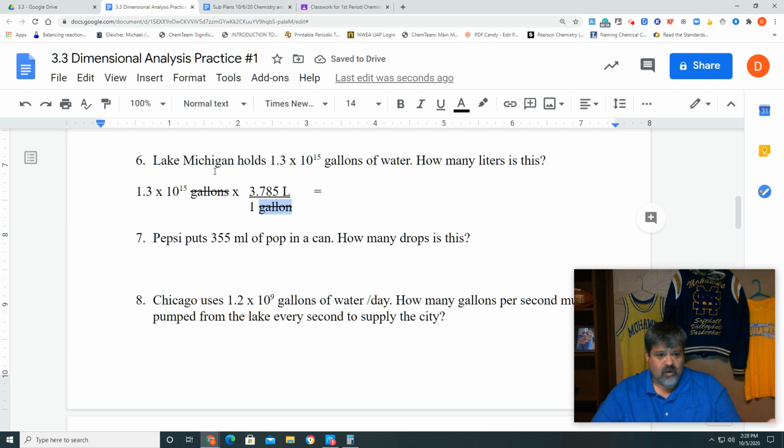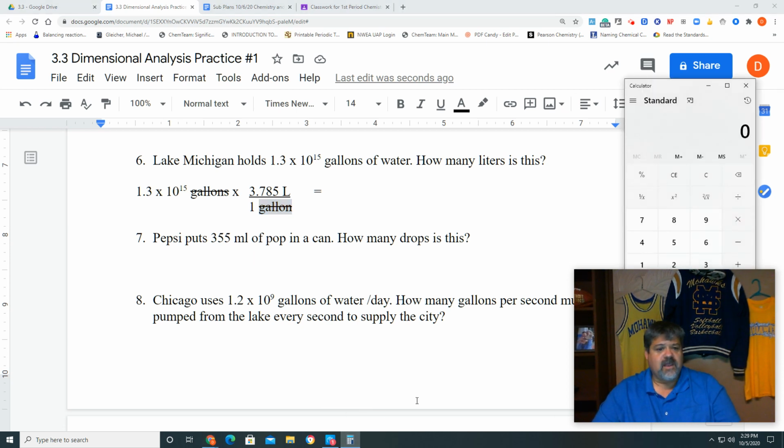Is that what the question was asking for? Well, yes, it was asking for liters. So how many liters is that? We're going to take this 1.3 times 3.785, divide that by 1, and then add this at the end. We don't have to divide it by 1 because, again, 1 is a number that doesn't change anything.